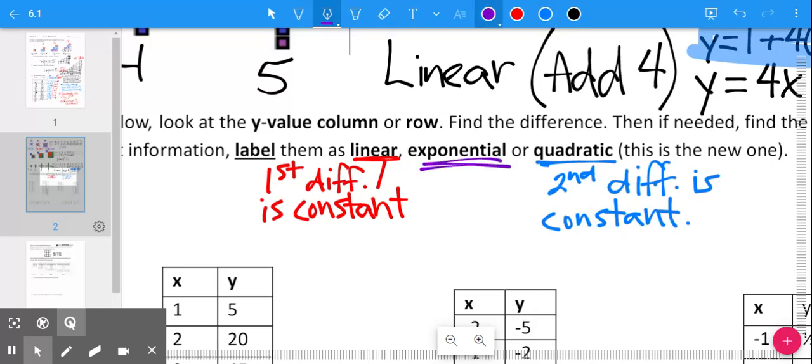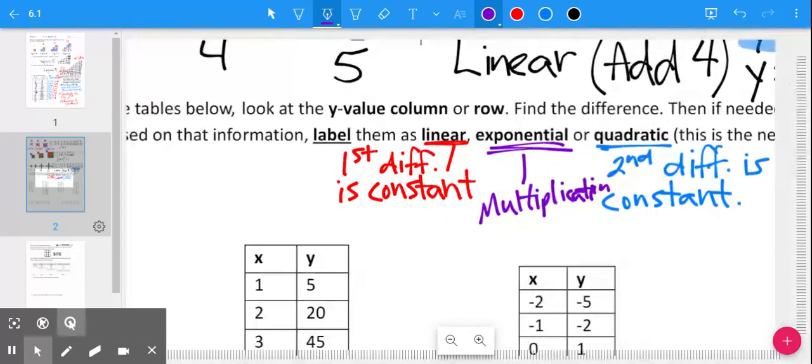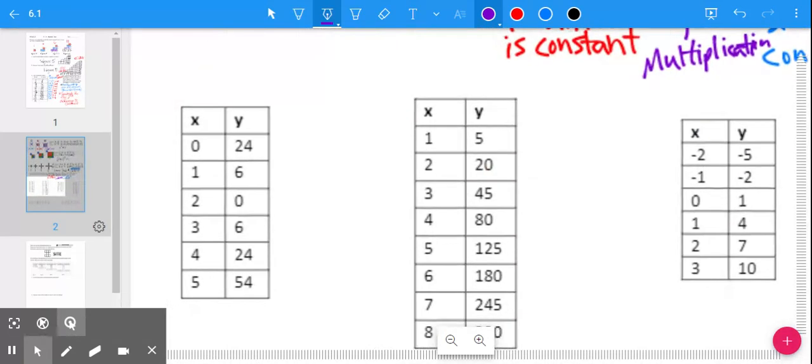With exponential, it's multiplying to get through a table. So from one y value to the next, it will be multiplication. Okay, so when we go through this, we're going to do the first one together.